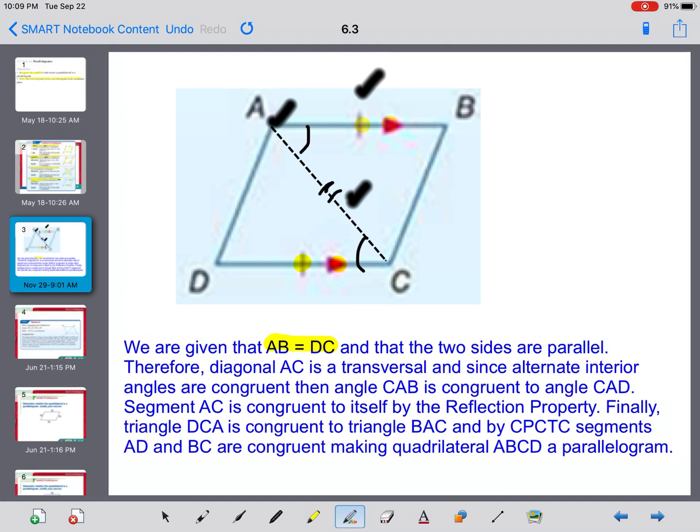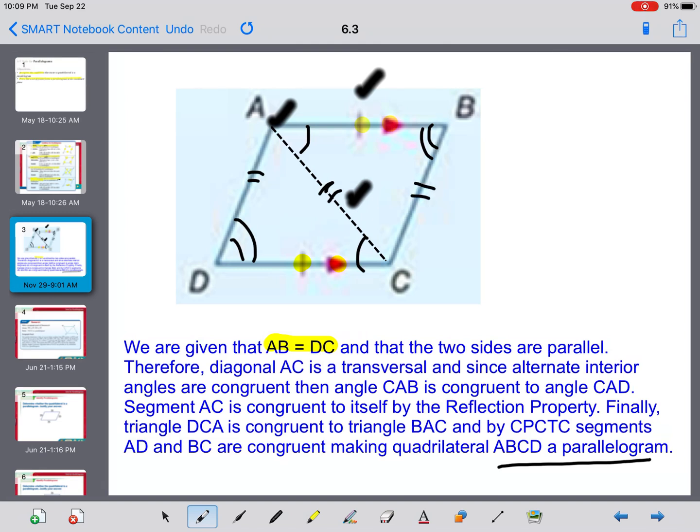Once you know the two triangles are congruent, then you can go back and say that corresponding angles are congruent. That gives you this congruent to this, which means opposite angles are congruent. And that's how we can ultimately get around to proving that ABCD is a parallelogram.